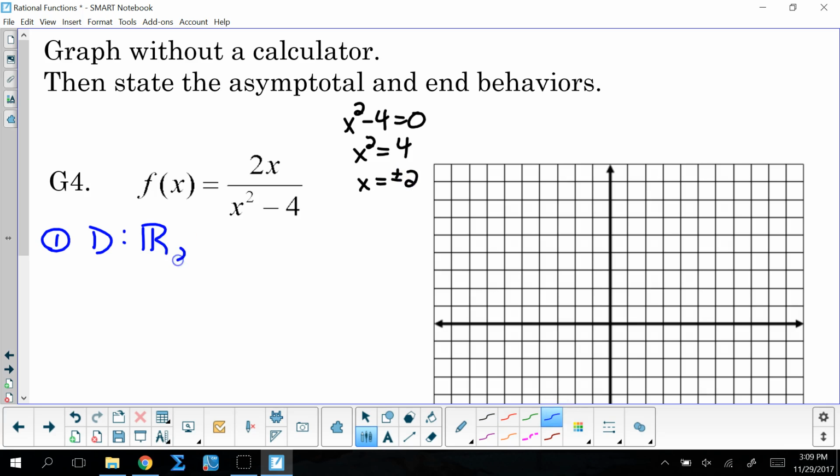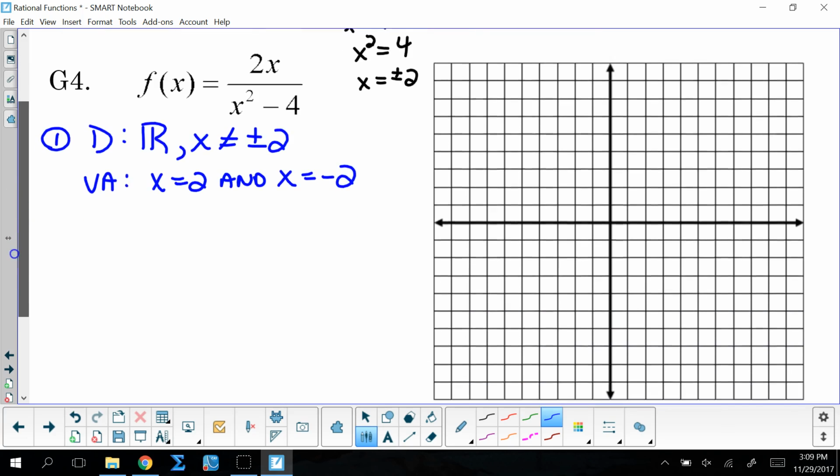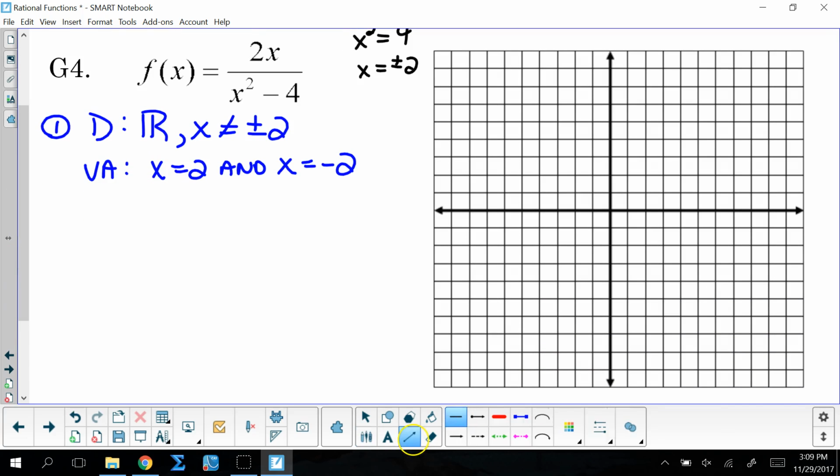So x here cannot equal plus or minus 2, which means my vertical asymptotes are x equals 2 and x equals negative 2. So let's put those on the graph.